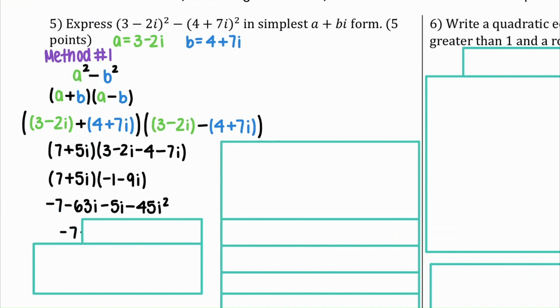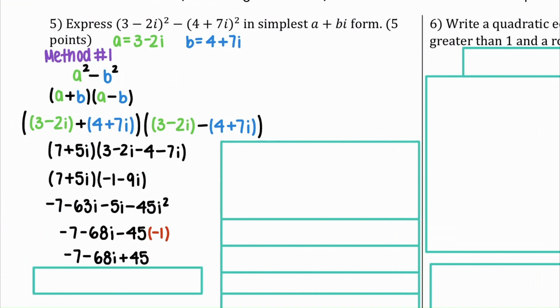So combining like terms there gives us negative 7 minus 68i minus 45 times negative 1, because we have to remember that i squared is equal to negative 1, just by definition. This is just something that we have to remember. And so simplifying even more gives us a positive 45, and upon combining like terms between the two constants gives us our final answer, 38 minus 68i.